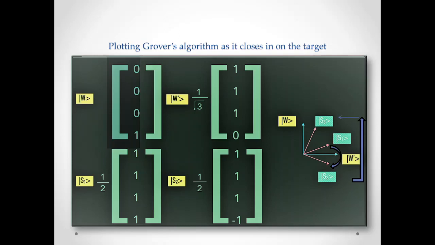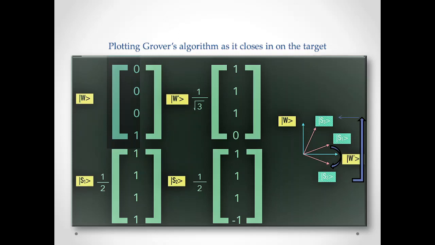Now when we apply the oracle operator to S1, S1 goes into the oracle, and the oracle flips the sign of the winning state. What comes out is the vector 1 1 1 minus 1 with the normalization factor 1 by 2. So our S1 has been reflected around W prime and we got a new state, that is S2.